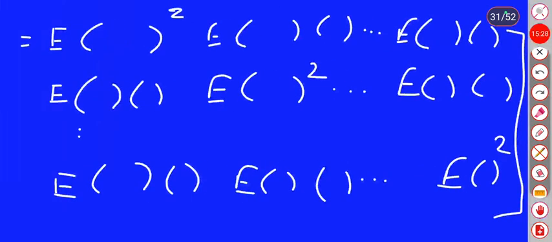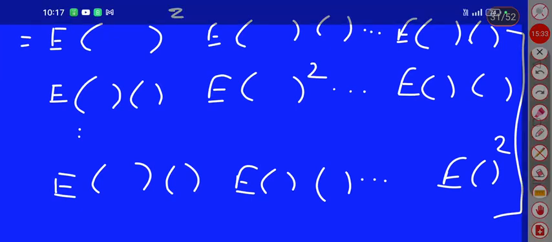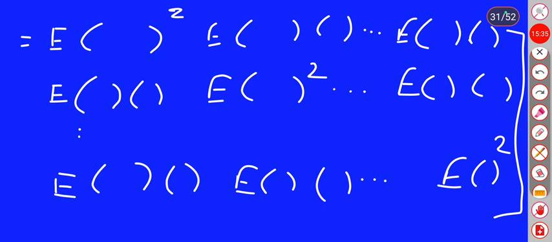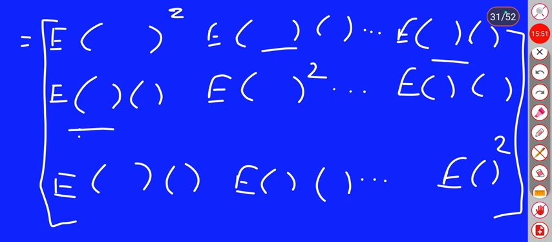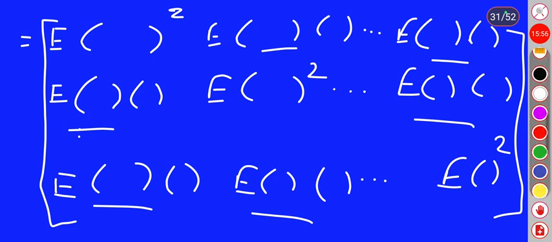And then we take expectation and get this matrix. I am not going to explain, but the variance terms will be squares, and the other terms, that means this term, this one, this one, and this are the covariance terms, and the square terms are the variances.